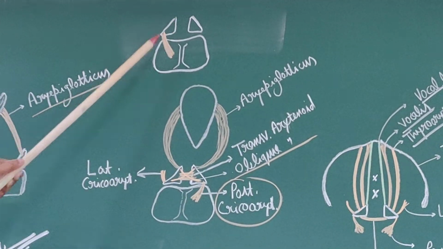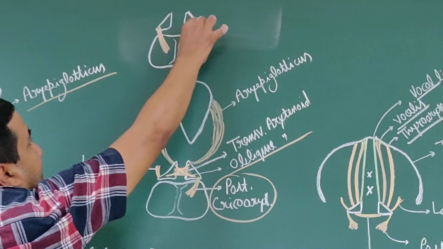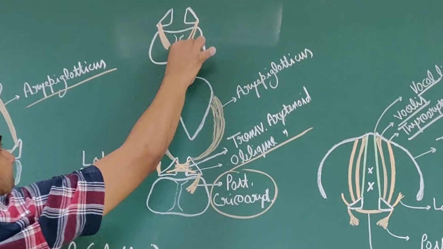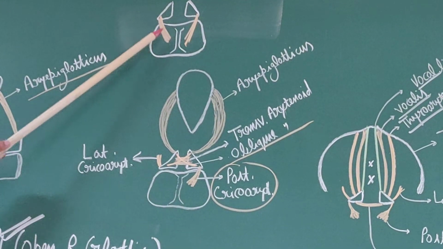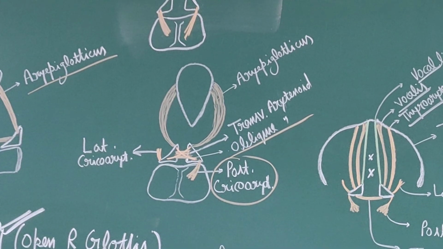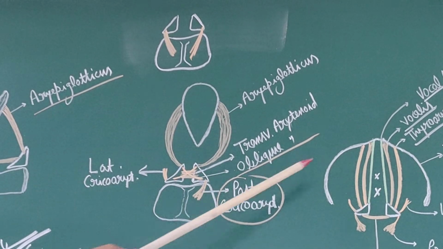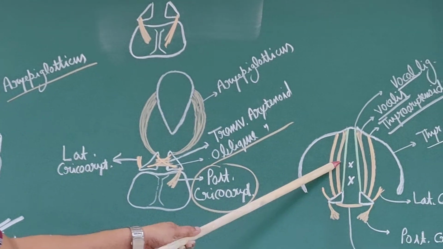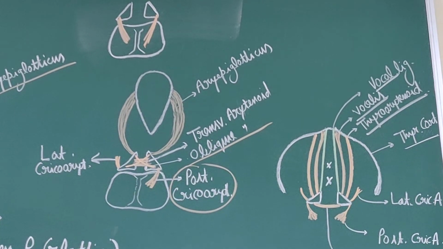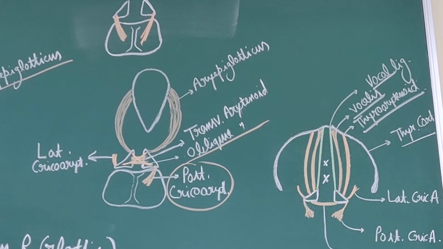They are paired, and these are the posterior cricoarytenoid muscles, the only muscles that abduct or open the rima glottis.